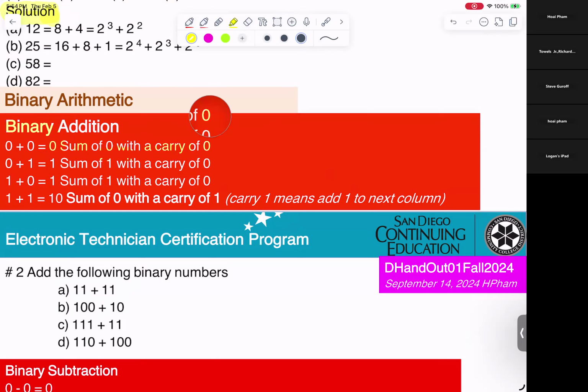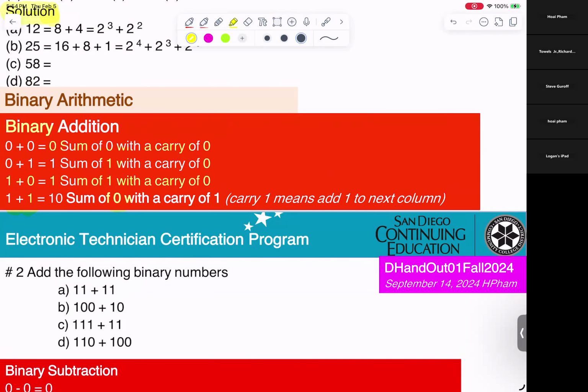No carry. 0 adding 1, answer will be 1. Sum of 1 with carry 0. 1 adding to 0, you get 1. Sum of 1 with carry 0. Now, 1 adding to 1 equal 0.